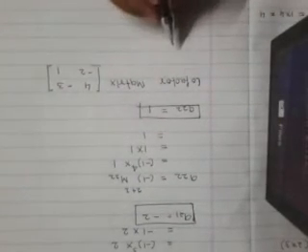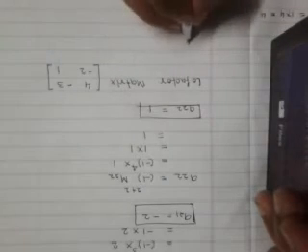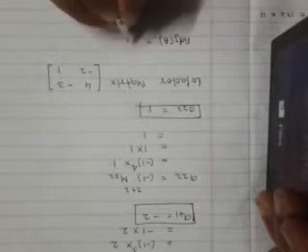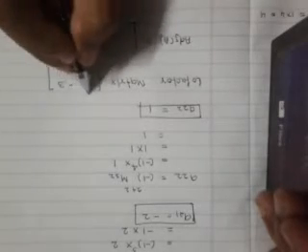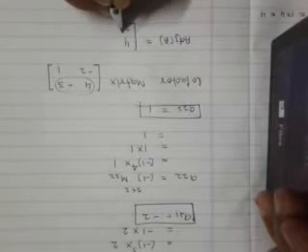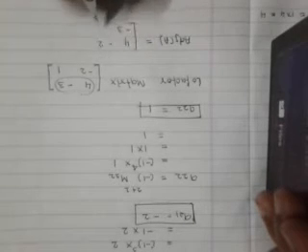Okay, now after the cofactor matrix we have to identify the adjoint matrix, that is the transpose of the cofactor matrix. So adjoint A is equal to the transpose, that means all the row elements you will write in the column, that is 4, minus 2, minus 3 and 1.